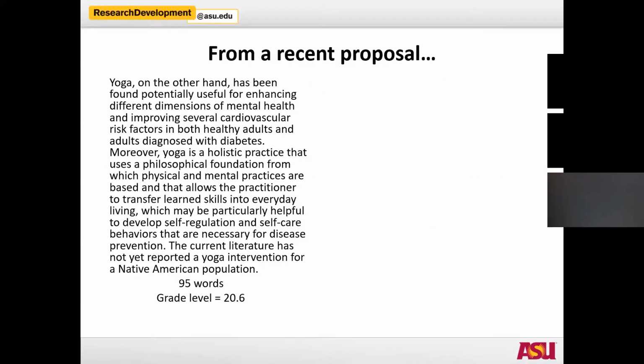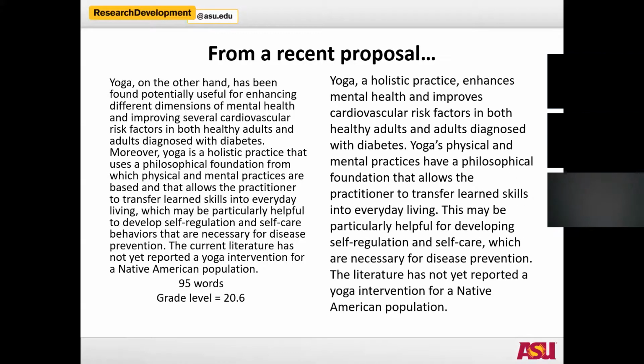So that was that paragraph, and it's grade level 20. Pretty high. And then I changed it. So does that look a little better, the one on the right? 15th grade, still high, but that's okay.